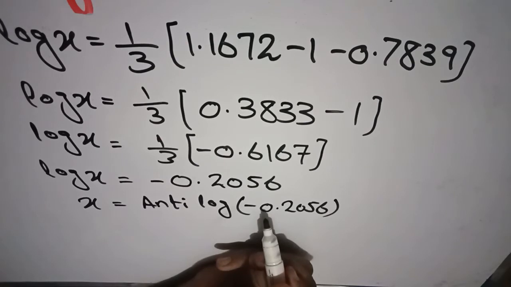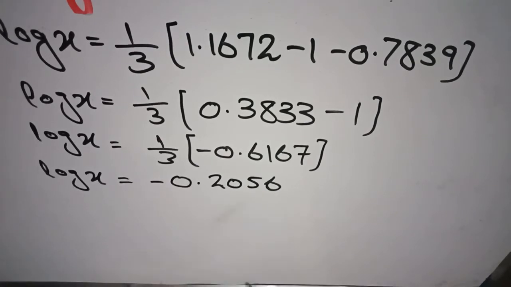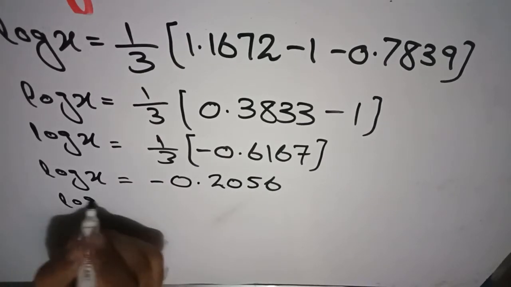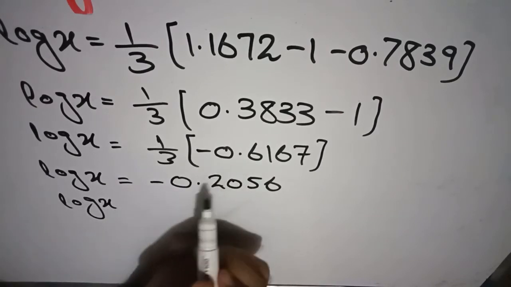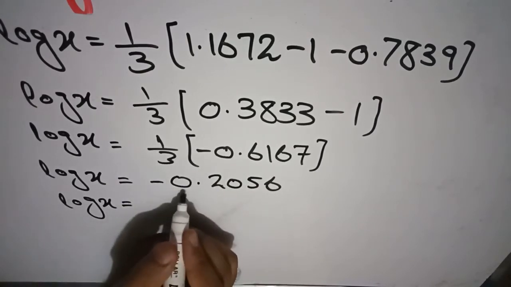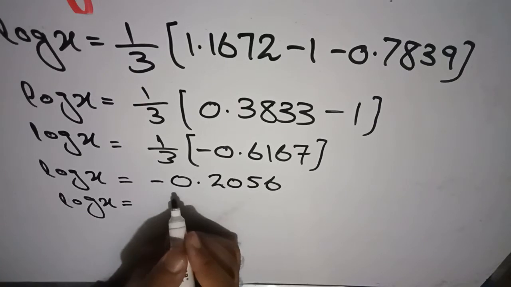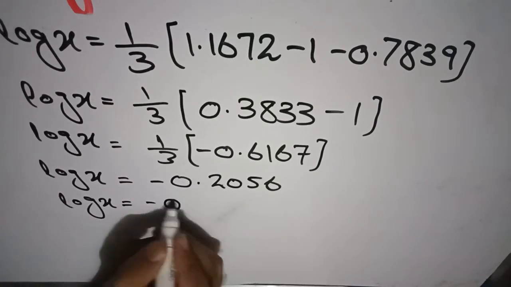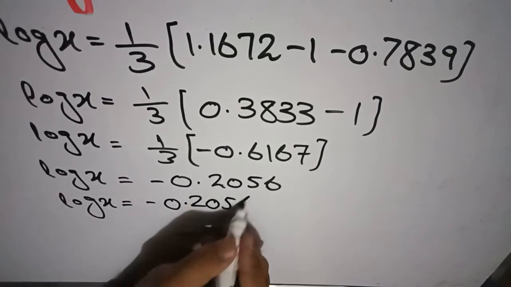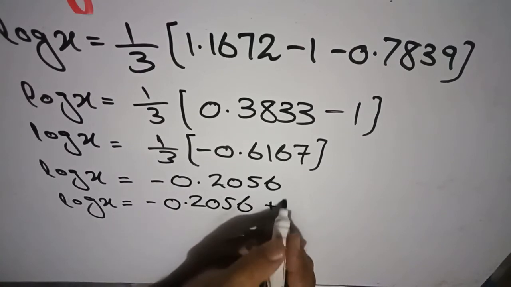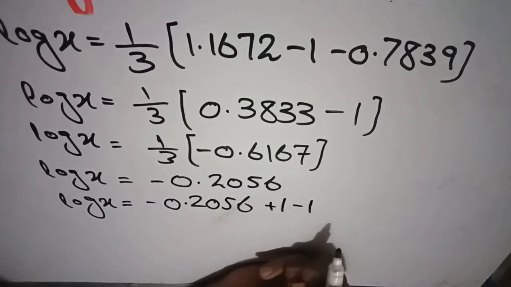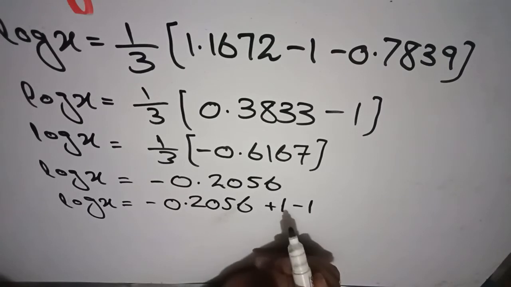Now what is the step? To make it a non-zero digit, you will have to add and subtract a number. I am adding 1 and subtracting 1.